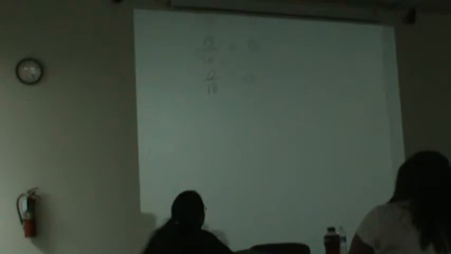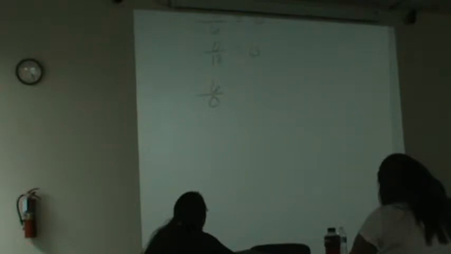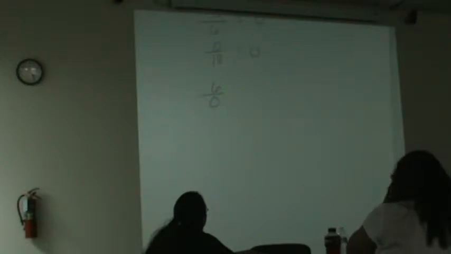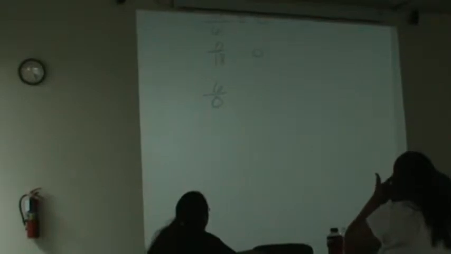Okay, now if you have a number over 0, that means you got 6 out of nothing. Can you get 6 out of nothing? You can't. It's not 6. It's not even 1. This is called not defined or undefined.